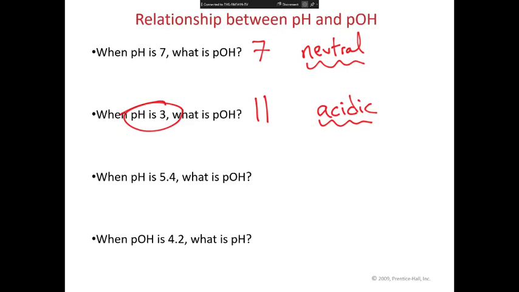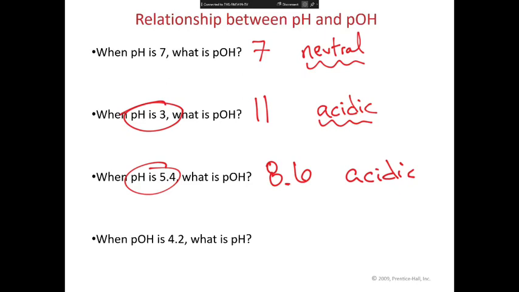Broadfoot. What's the POH for the third bullet point? 8.6. Thank you. Good job. 8.6. This is tough for me on a Thursday morning. Ainsley, is the third bullet point acidic or basic? Acidic. It's acidic again. Good. pH is less than 7.